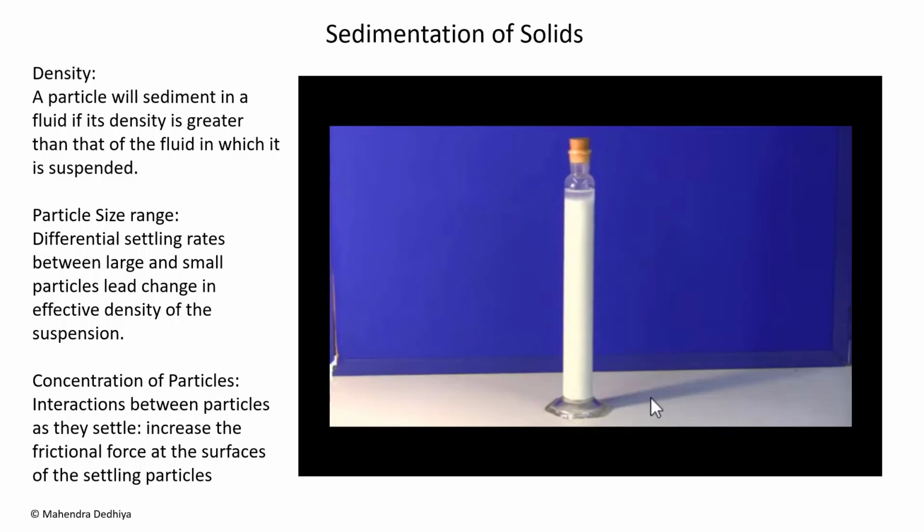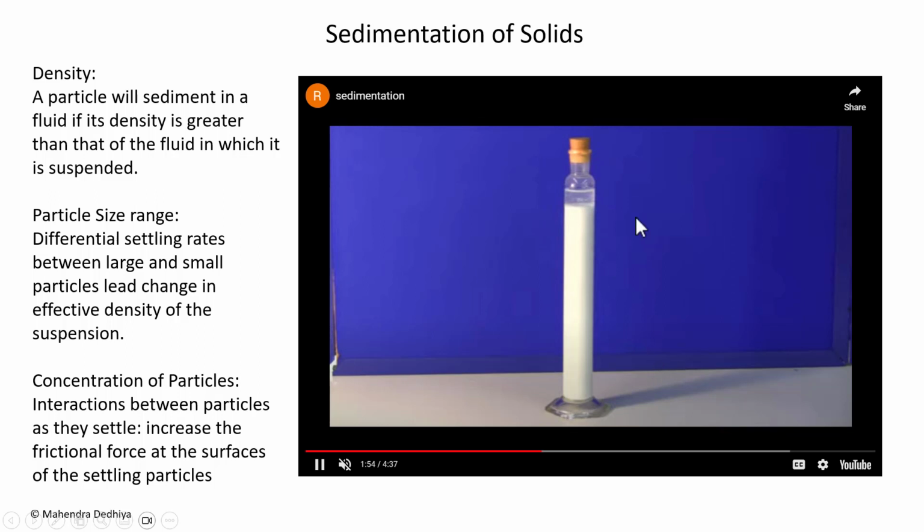Here's a suspension. This is a demonstration, so it's settling much faster than a normal suspension would settle, but you can very clearly see the supernatant. And now we can start seeing the bottom where the sedimentation is.